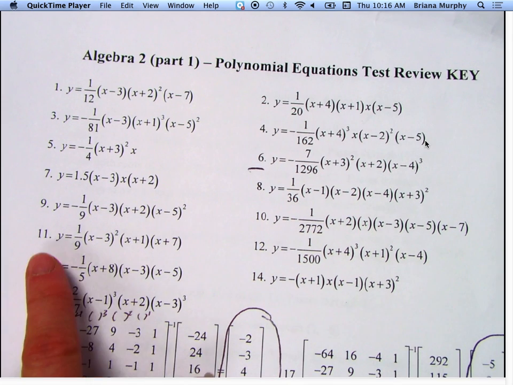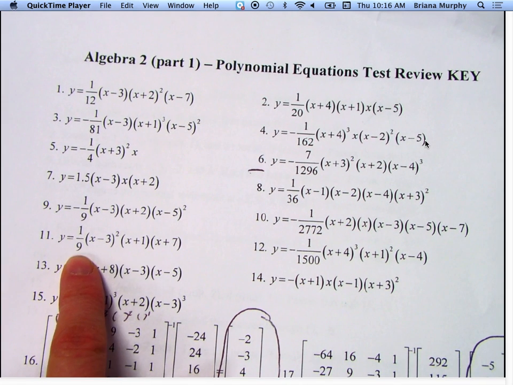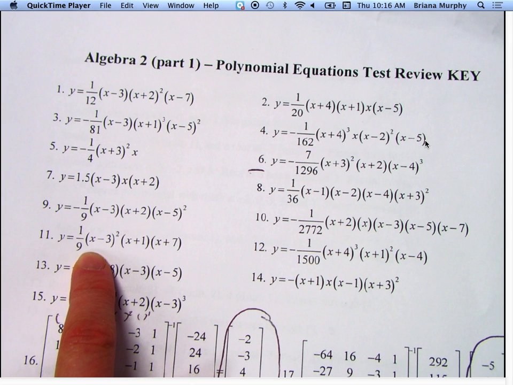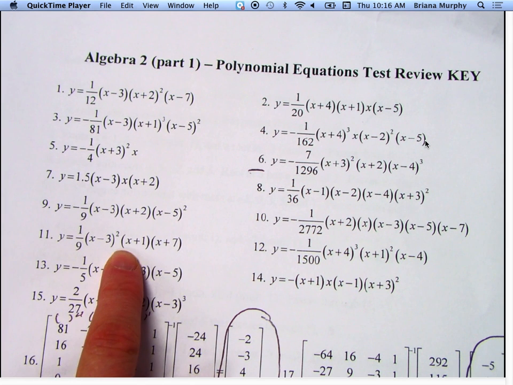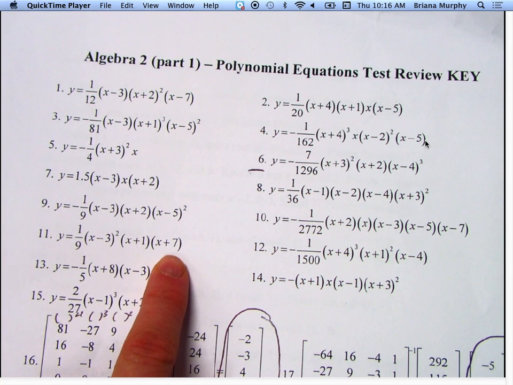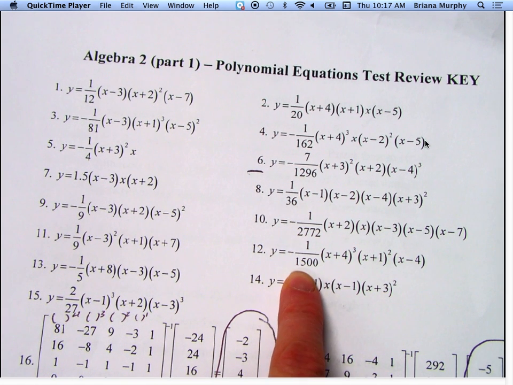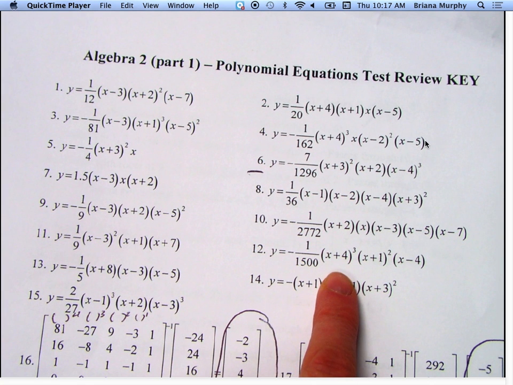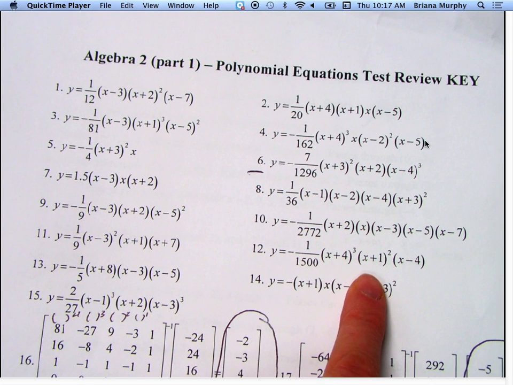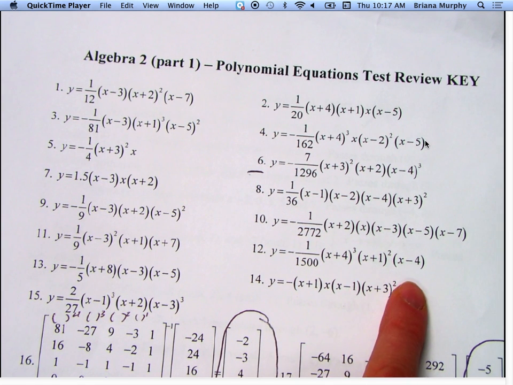Number 11 is y equals 1/9 times x minus 3 squared times x plus 1 times x plus 7. Number 12 is y equals negative 1 over 1,500 times x plus 4 cubed times x plus 1 squared times x minus 4.